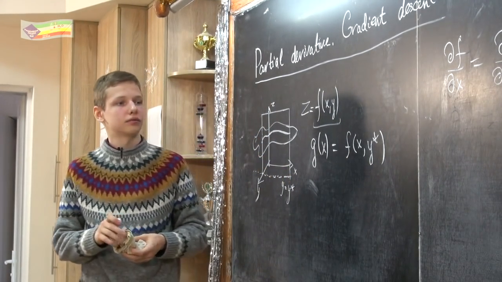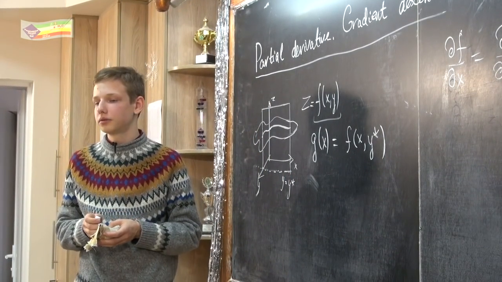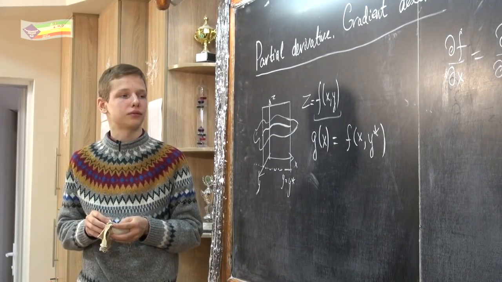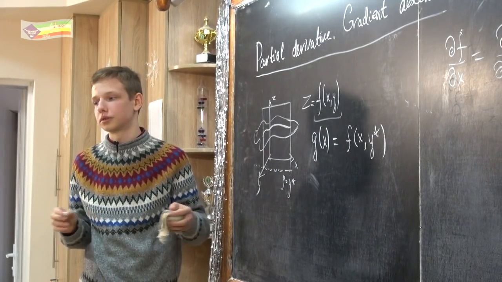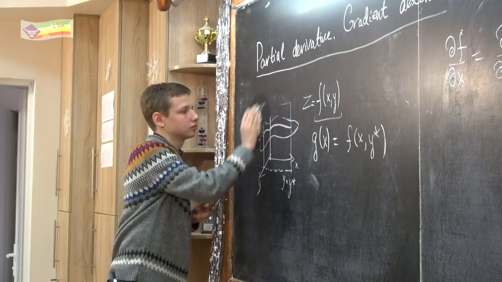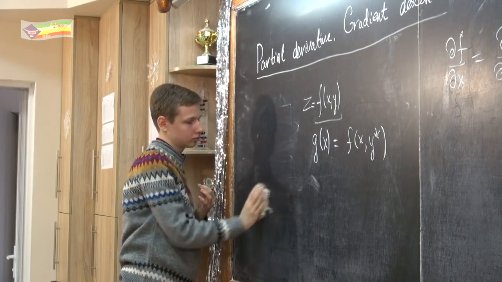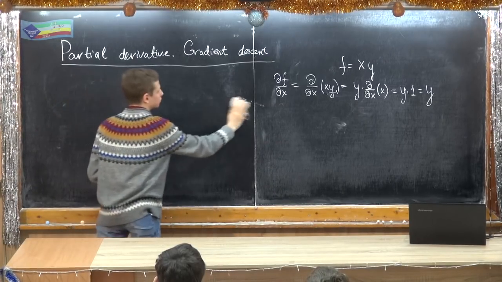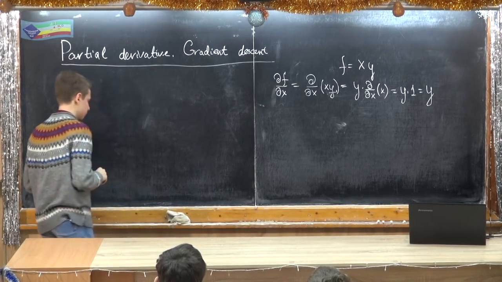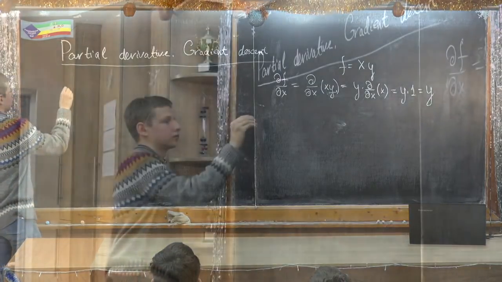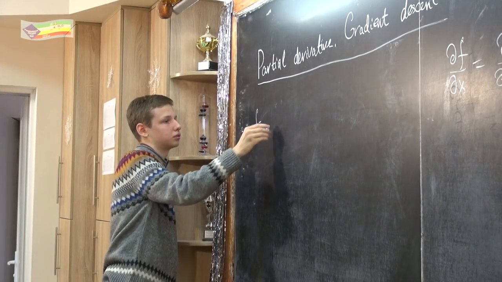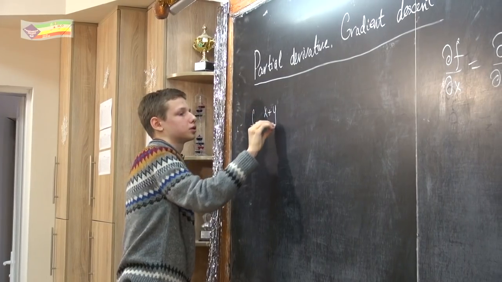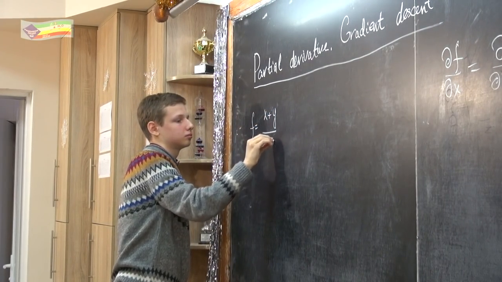Now we can, for example, take another partial derivative of another function, just for example. So let our function be, for example, x plus y divided by x minus y.